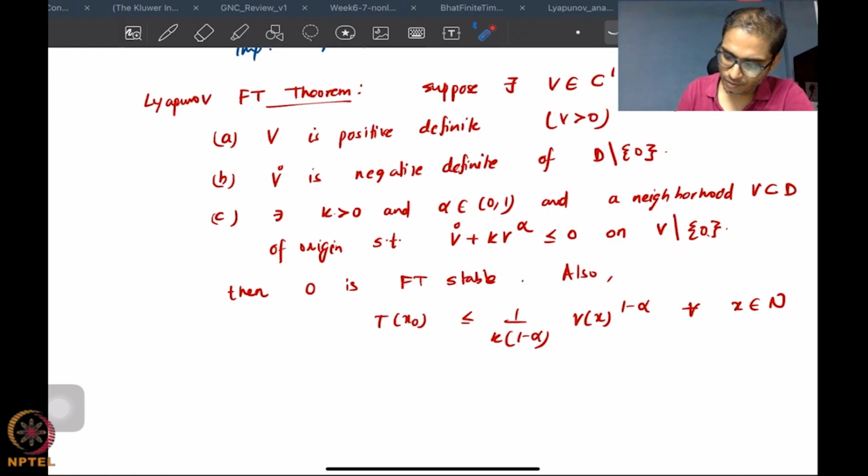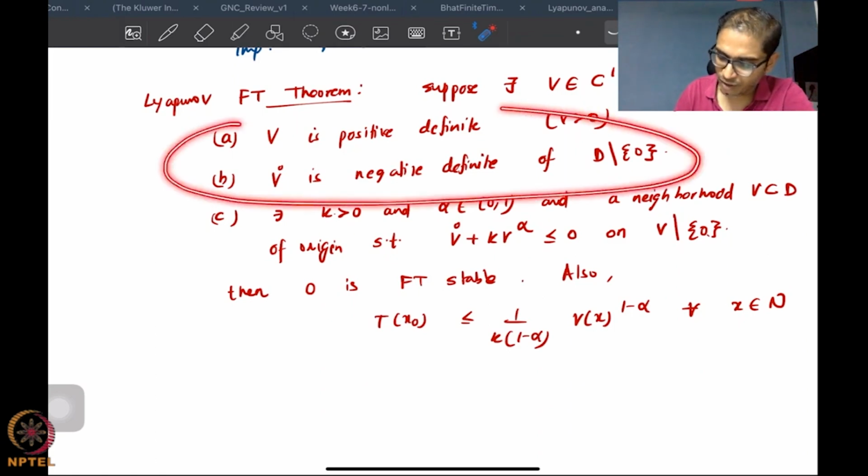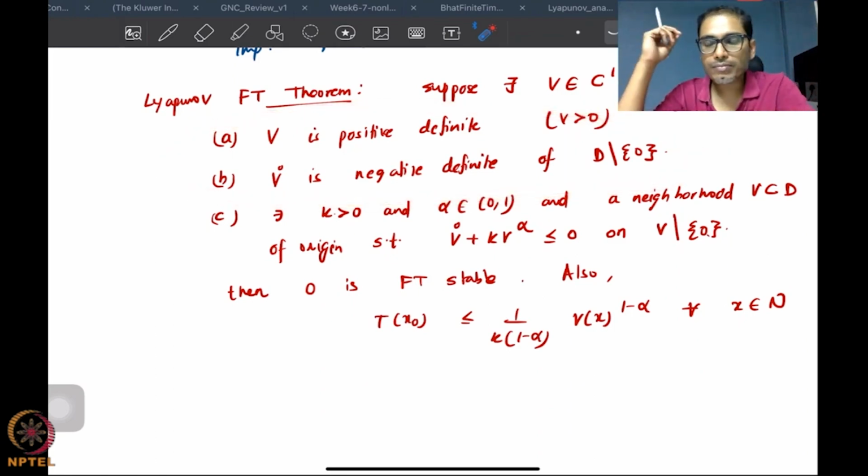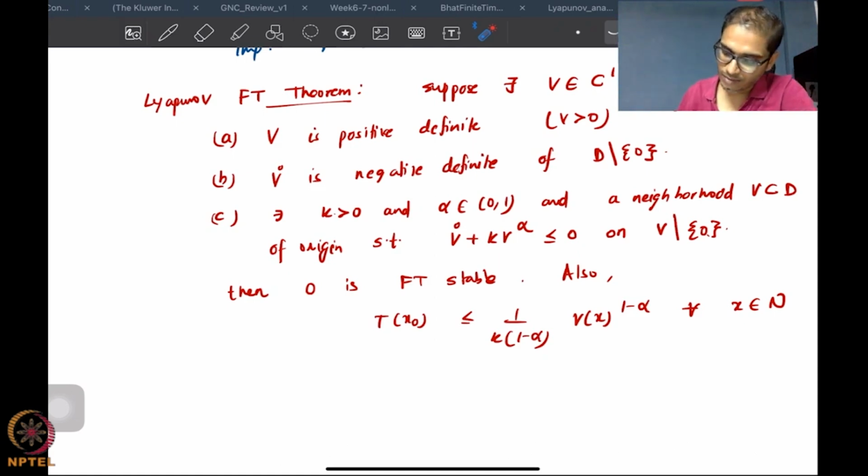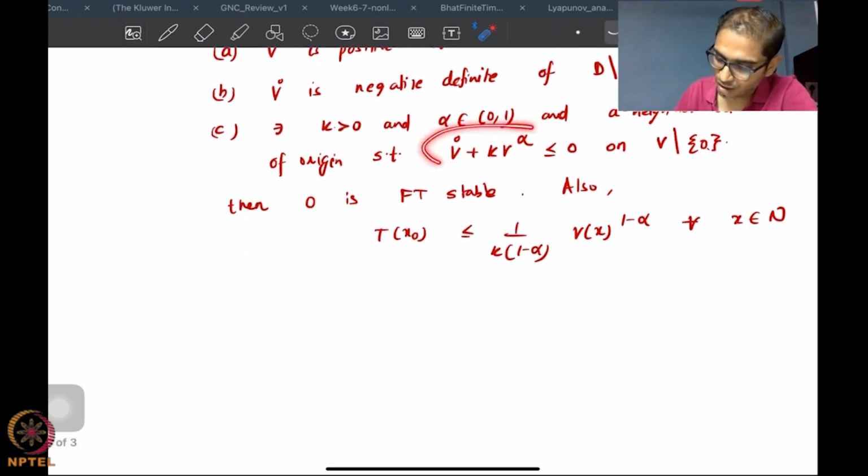So from A and B itself, it's not difficult to see that you would have Lyapunov stability. The only thing that's left for us is to conclude the finite time convergence, and for that we can focus on this third statement, right?